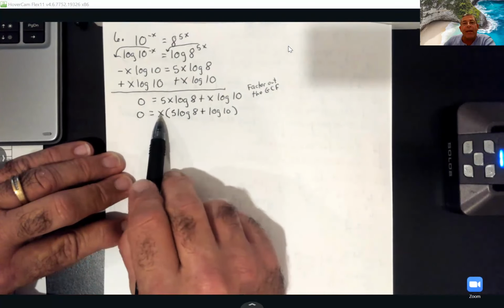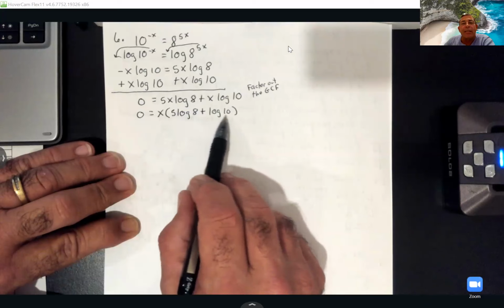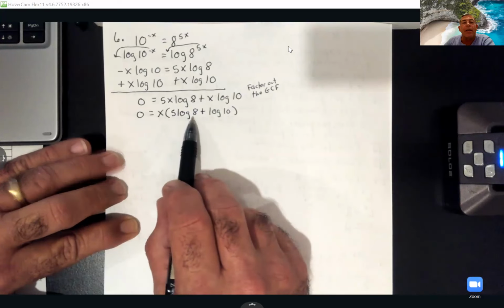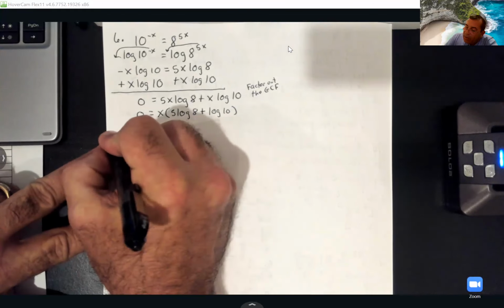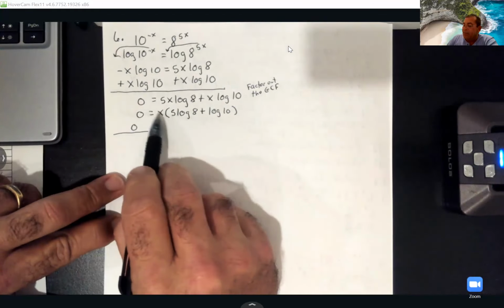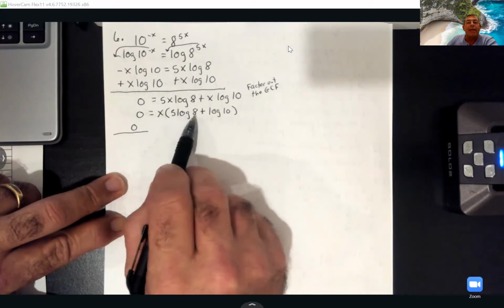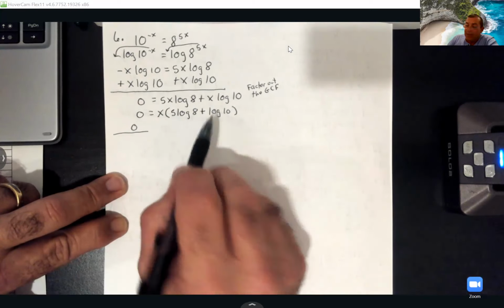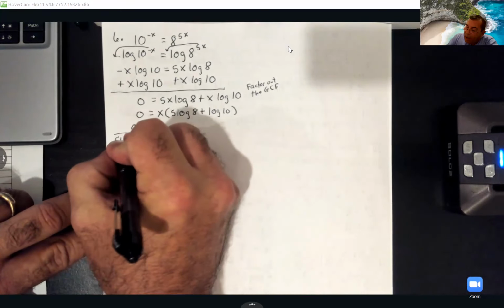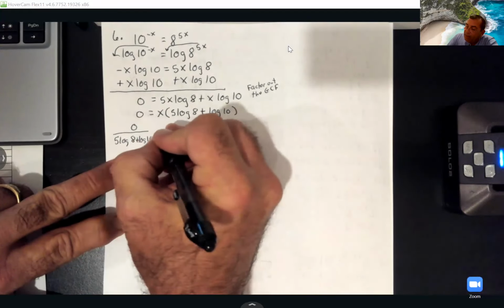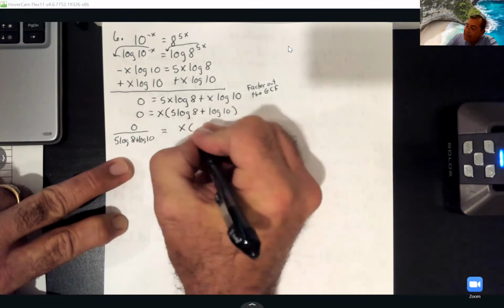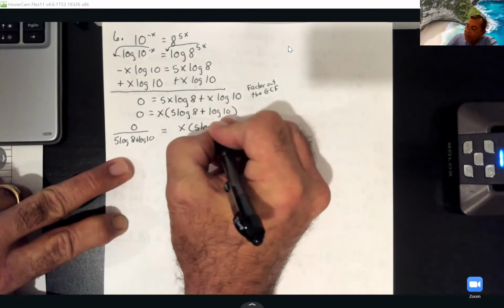To solve this for x, I'm going to divide both sides by 5 log 8 plus log 10. Over here, I'll get 0 divided, because remember, this is being multiplied here. So now we divide by this factor, 5 log 8 plus log 10. That's going to equal the right side divided by that.